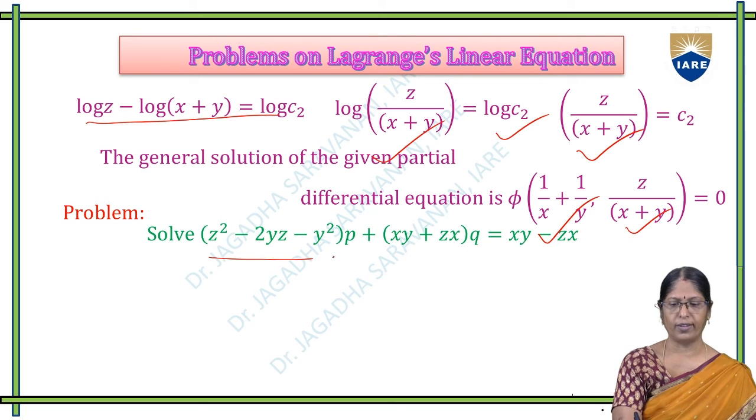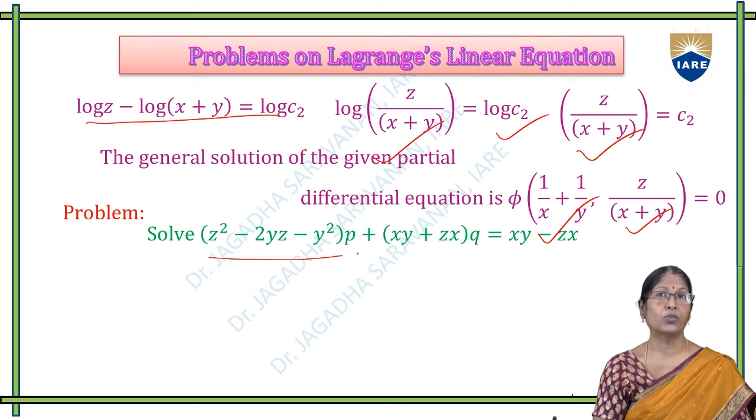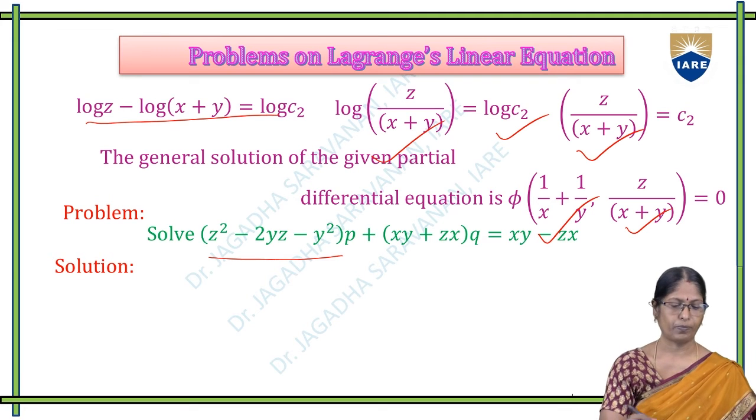Here we can notice it: (z square minus 2yz minus y square) p plus (xy plus zx) q, which is equal to xy minus zx. Is it in the format of Lagrange's linear equation? Yes, it is there.